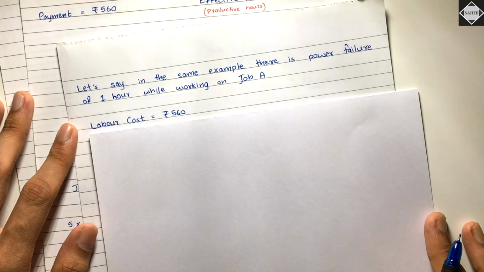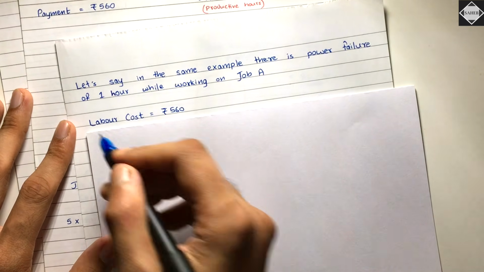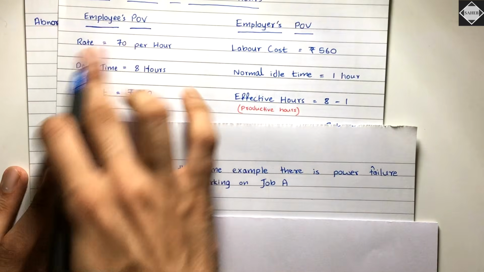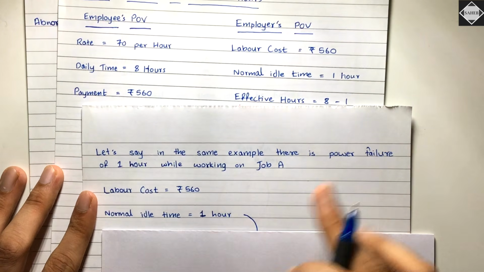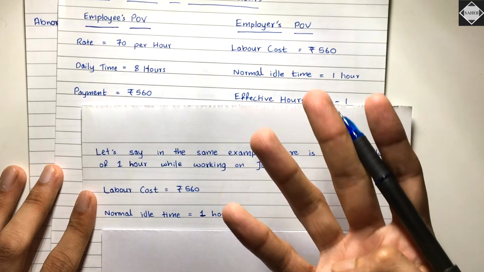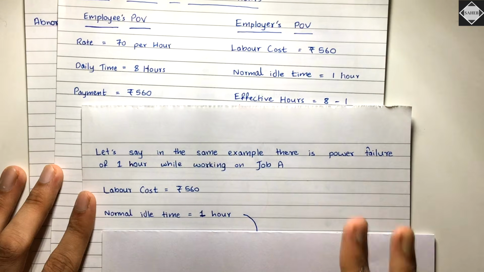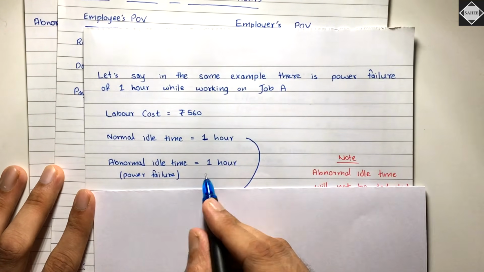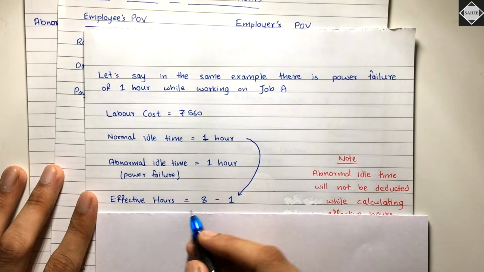So what do we do with abnormal idle time? Let's see in this conceptual example. Labor cost is 560, the same example, nothing has been changed. Normal idle time is also the same, 1 hour: 40 minutes lunch break, 10 minutes setup time, 10 minutes walking. Abnormal idle time in this example is 1 hour, the power failure. And then effective hours, how will you calculate?